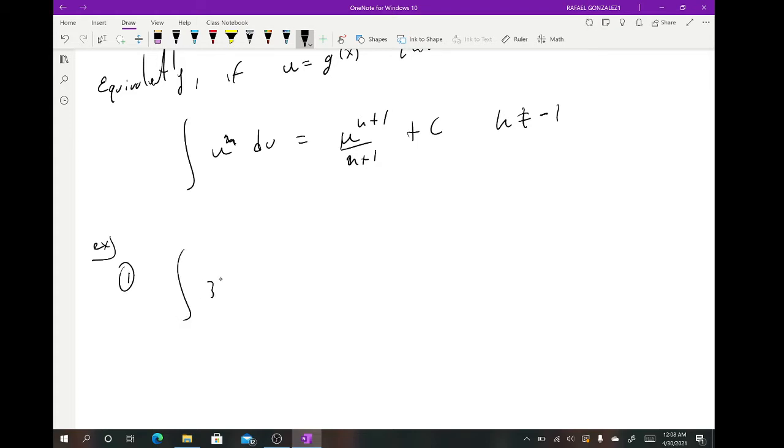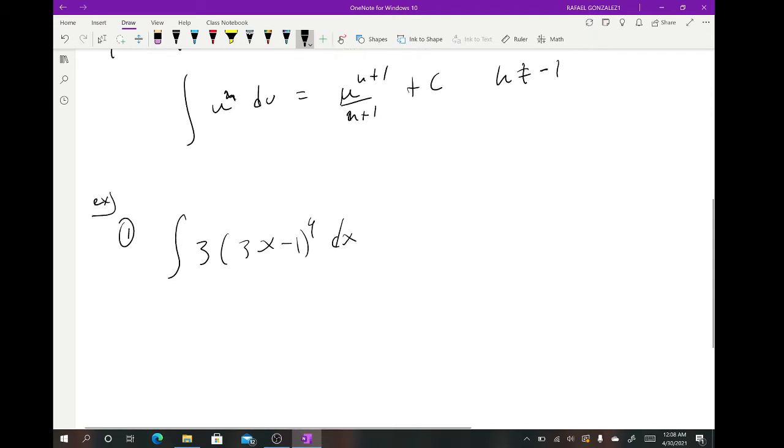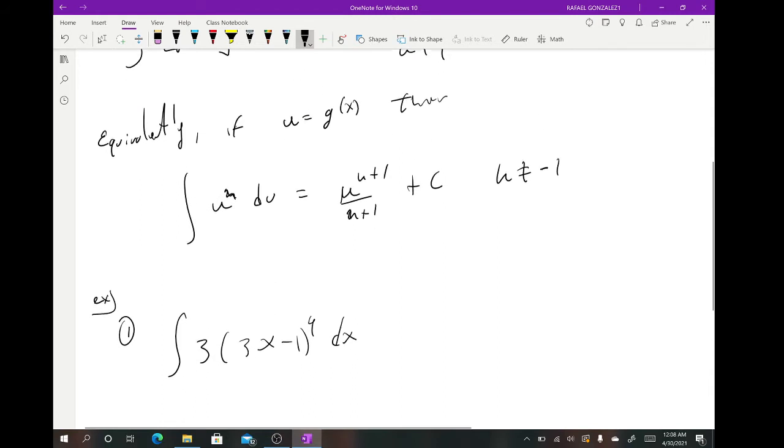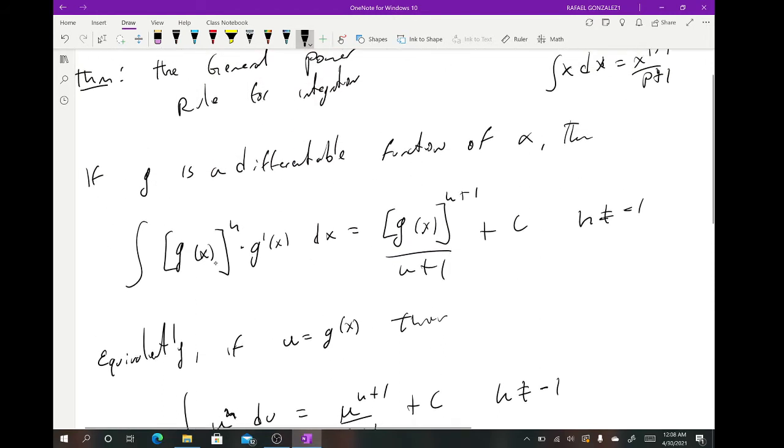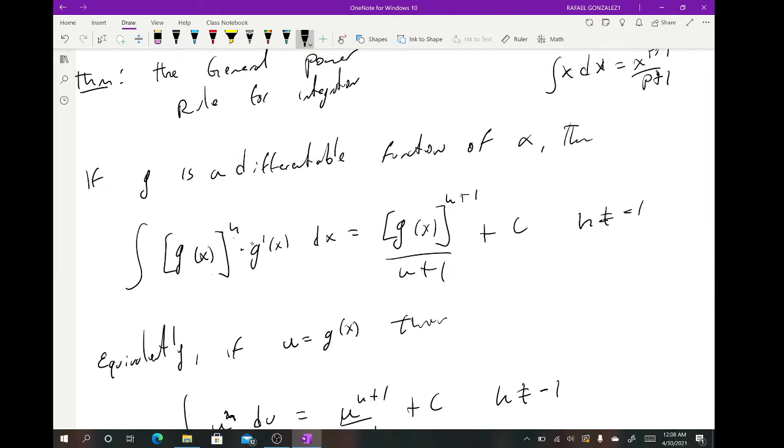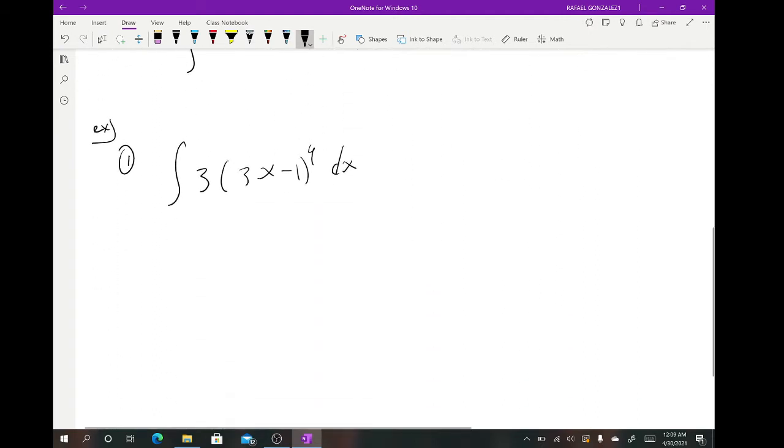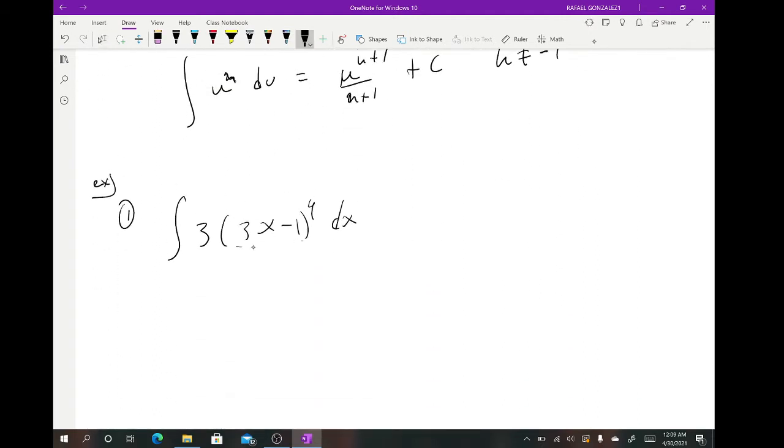Let's say we have the antiderivative of 3 times (3x minus 1) to the power 4 dx. Based off of our rule, we need a function g raised to a power and its derivative. Do we have that? We have a function raised to a power, and the derivative of 3x minus 1 is 3. So yes, we do.